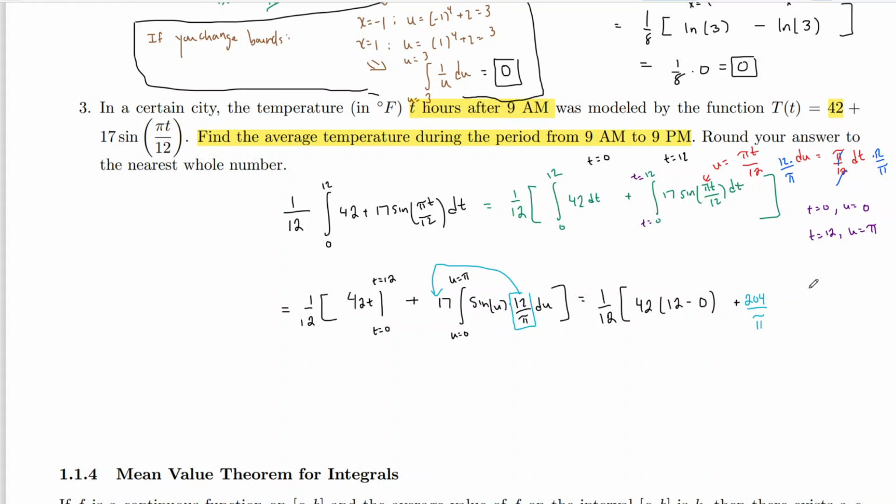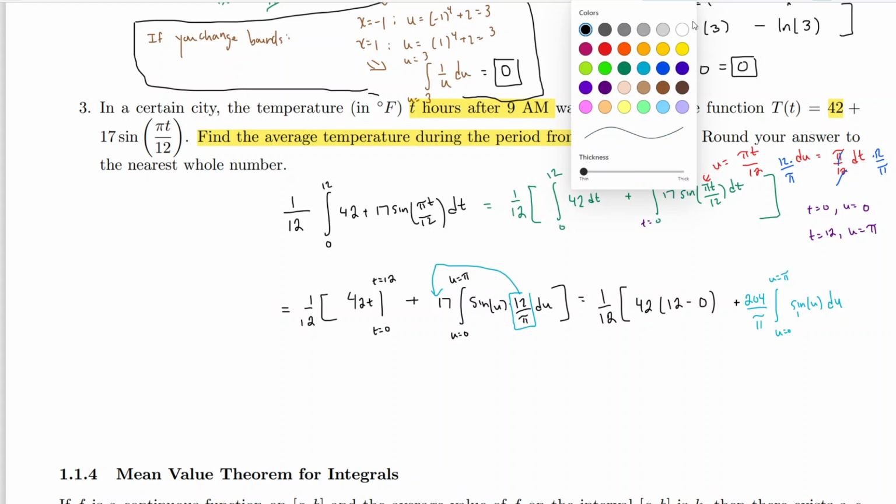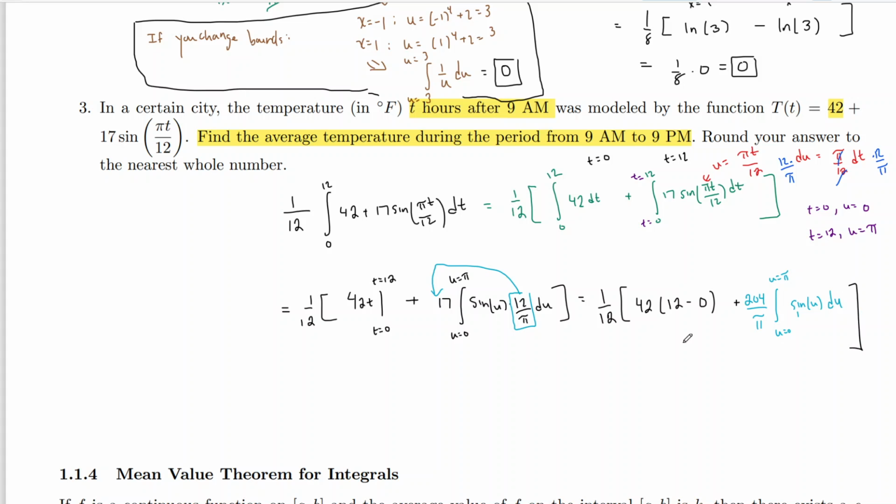And we're left integrating just sine of u from u equals 0 to u equals pi. Right, so that's what we have left to integrate. And the other one we already integrated, we just need to simplify.